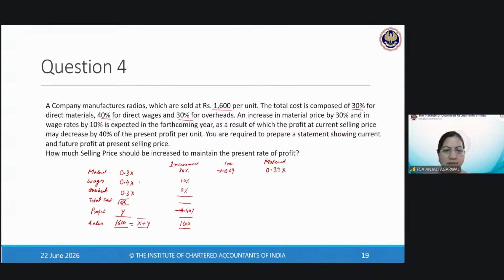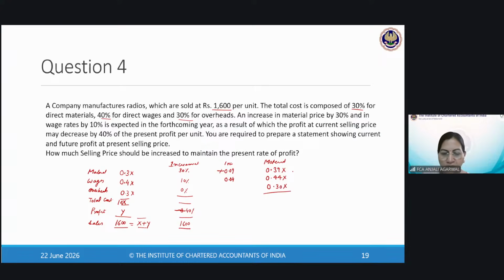Increase the wages by 10%, 0.4 into 10%, 0.04. So the new wages will be 0.44x. Keep the overhead same. So it will still be 0.30x.